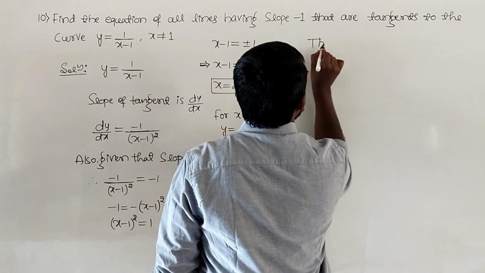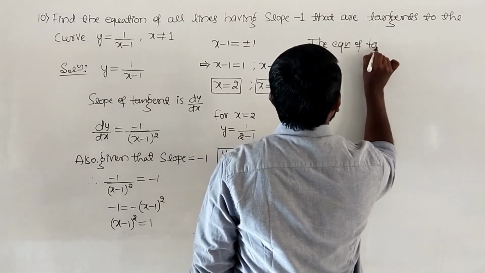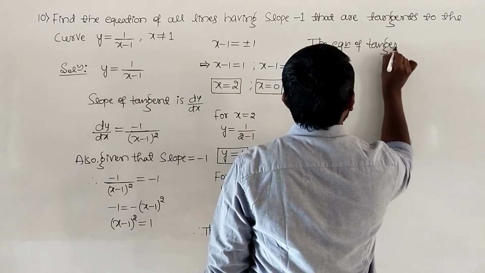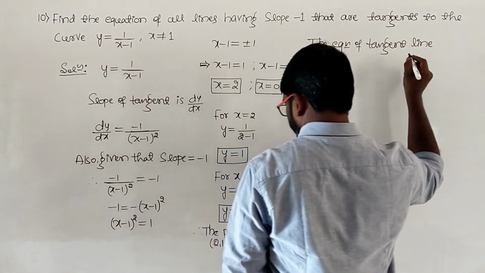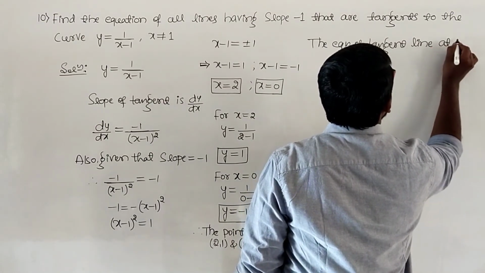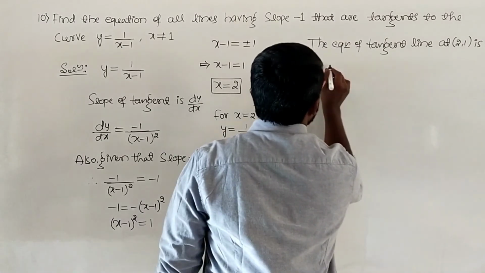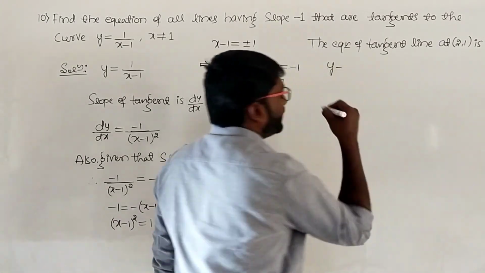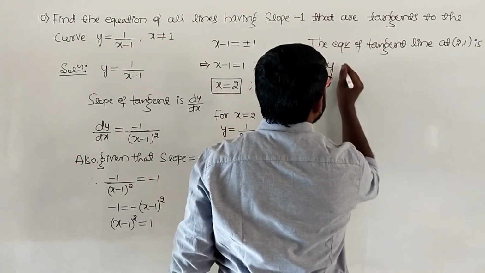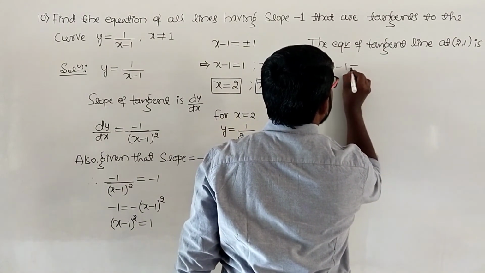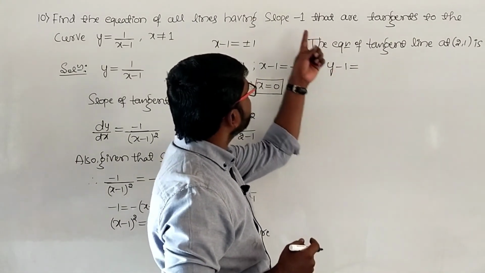The equation of tangent line at 2, 1. So y minus y naught, y naught is nothing but 1. So y minus y naught which is equals to f dash of x naught into x minus x naught. F dash of x naught is nothing but minus 1.